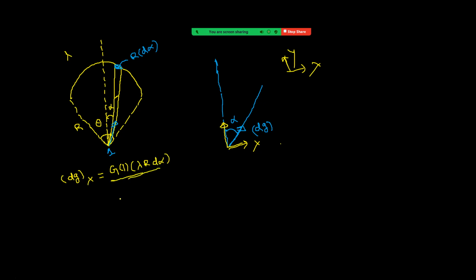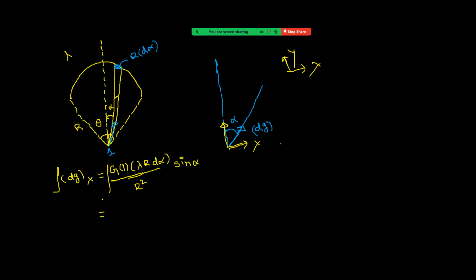G m1 m2 by r square. Distance is r, right? R square. Its x component is now into sine alpha. Okay. And if you want to integrate sine alpha d alpha, it becomes now cos alpha.